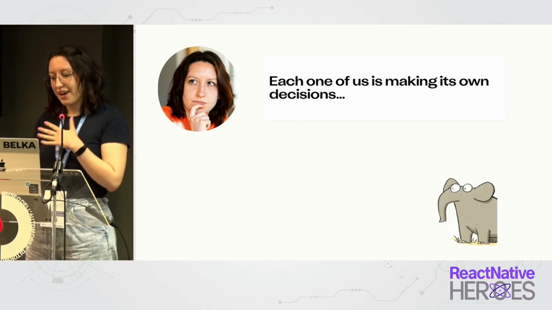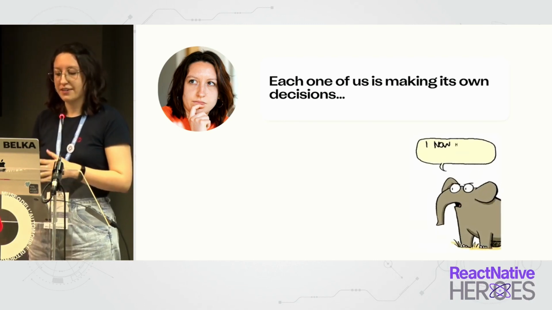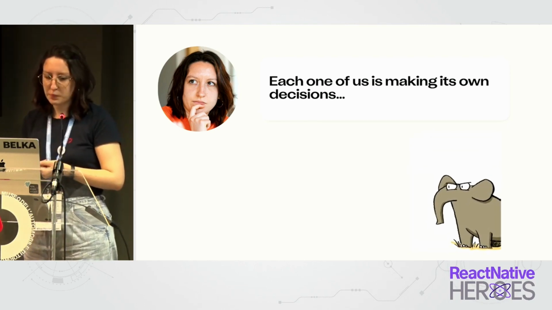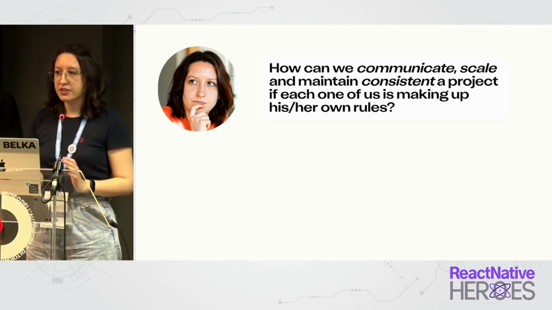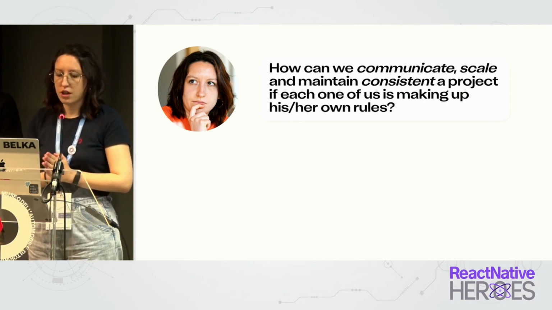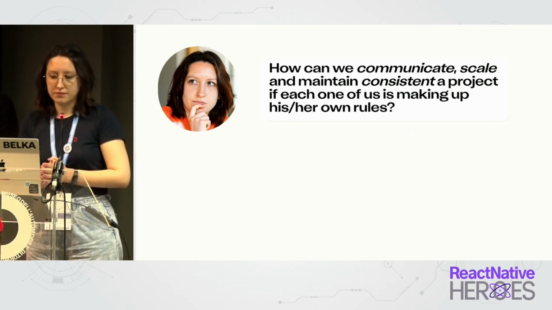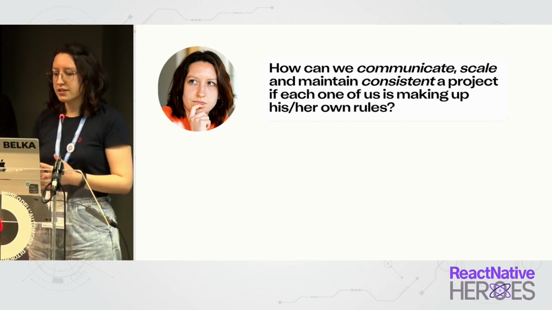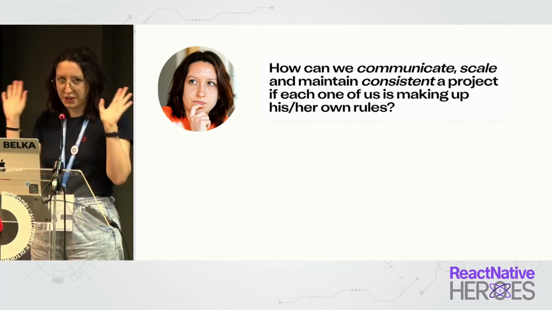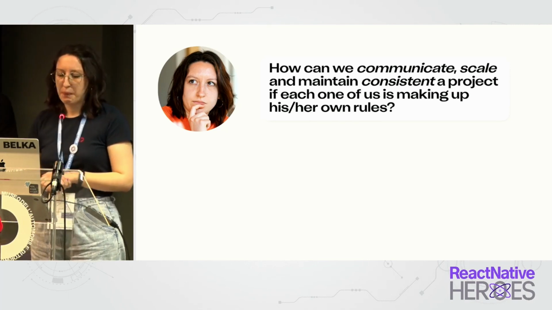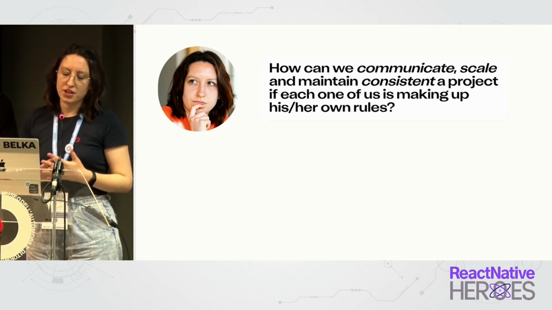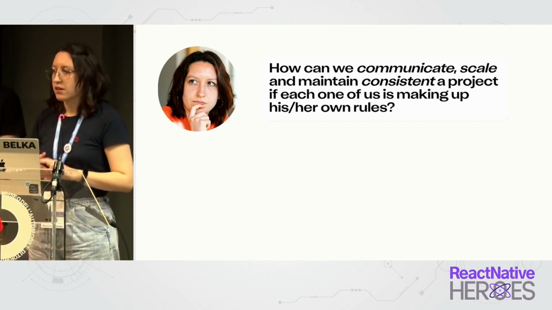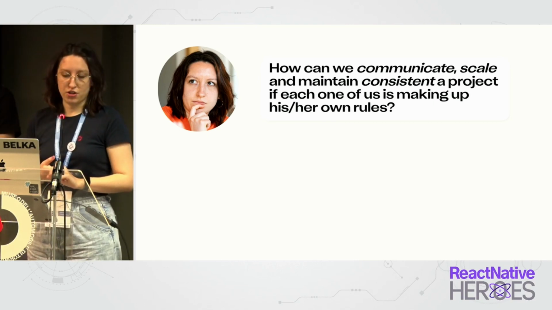But there was an elephant in the room, and the elephant was this question: how can we communicate, scale, and maintain a consistent project if each one of us is making up his or her own rules? We were losing the three main useful aspects of a design system: scalability, consistency, and communication.